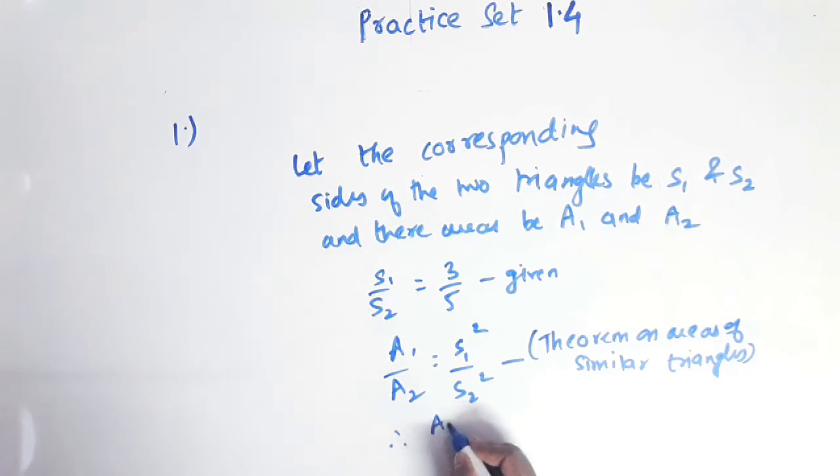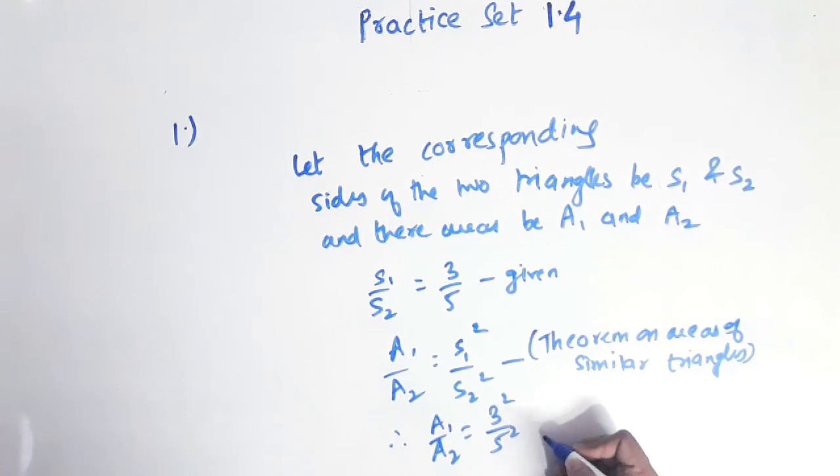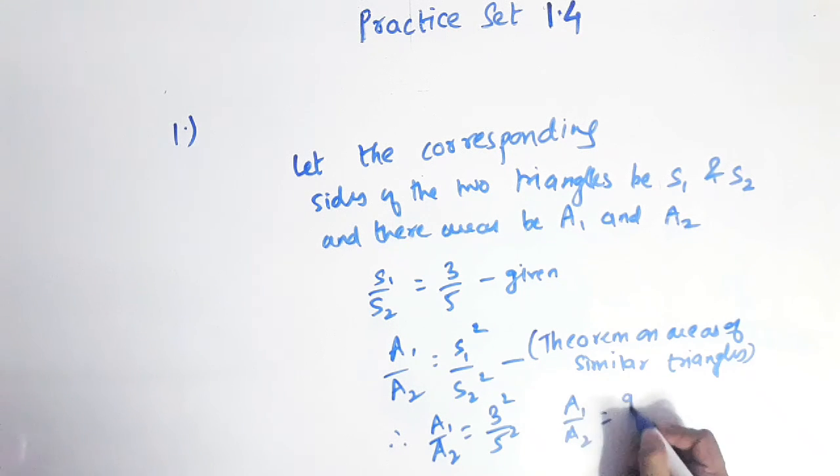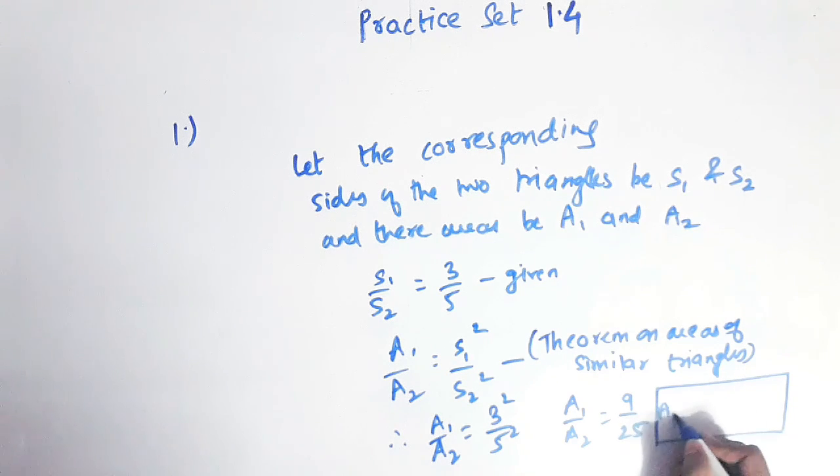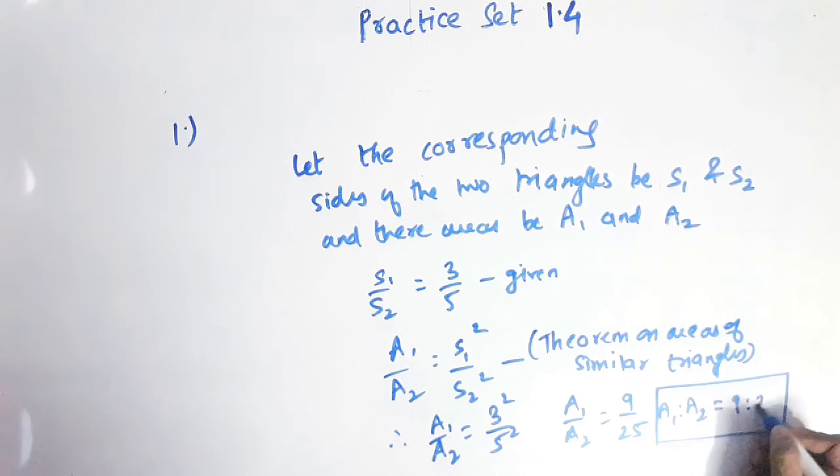Therefore A1 upon A2 is equal to 3 square upon 5 square. So A1 upon A2 is equal to 9 upon 25. So I'll write the final answer like this: A1 is to A2 is equal to 9 is to 25.